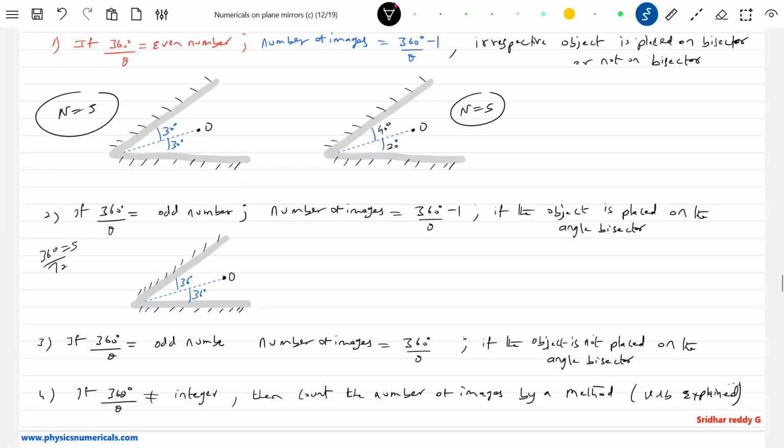So the number of images will be 360 by 72 minus 1. This will be 5 minus 1, which is 4. Sir, how can you say? Draw the circle again and verify it.